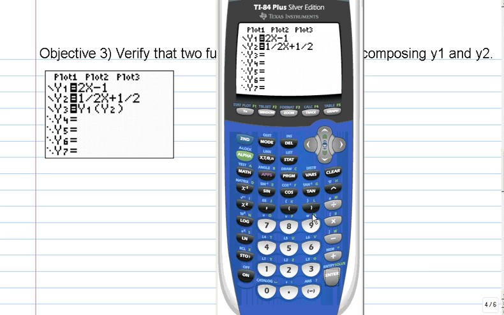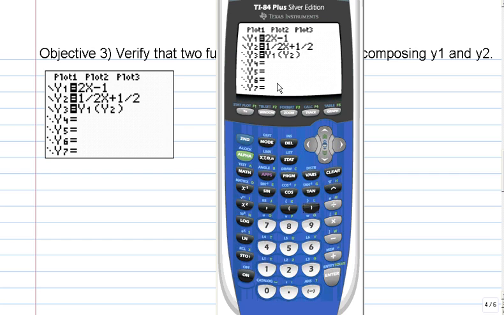To do that, I go to the vars key, to Y-VARS, and choose Function and y1. And then parentheses, put in y2. Don't use a multiplication sign, because that would mean multiplication. I've got to evaluate it at the function y2, so that's why I put this in parentheses. We don't have the composition symbol to use here. Then I'm going to select y2.